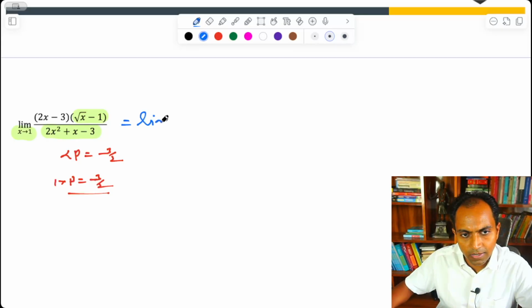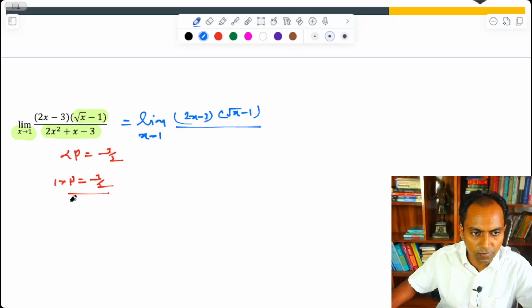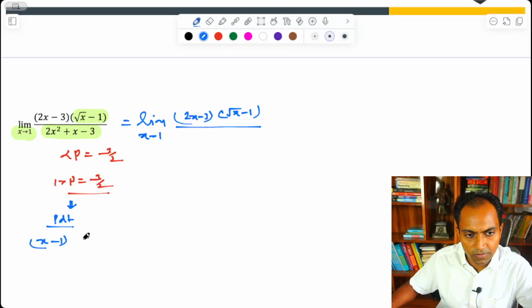So I can write it as limit x tends to 1, 2x minus 3 into root x minus 1 in the numerator, and the denominator will become, now from here we know both the roots. What we have done is used the product of the roots to figure out the other root. So we can write this as one factor x minus 1, and then there will be 2 and x plus 3 by 2.